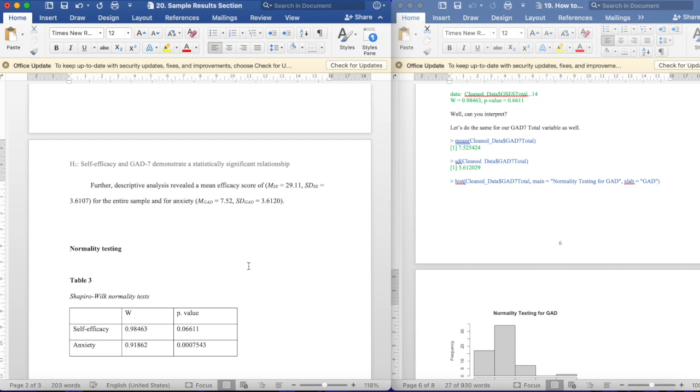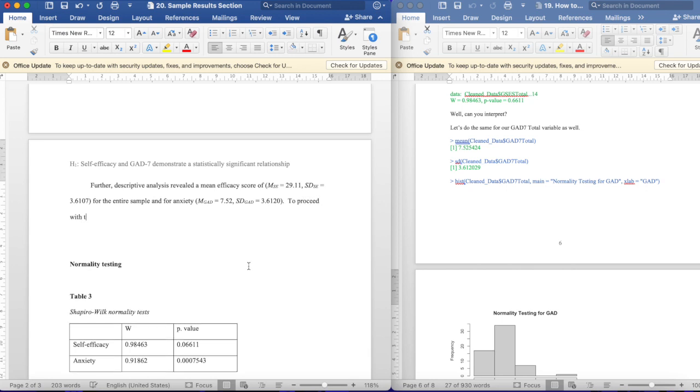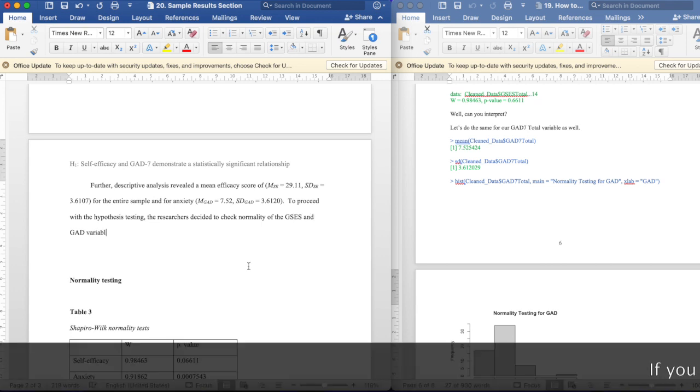Okay, now let's proceed with the hypothesis testing. The researchers decided to check normality of the two variables of the, let's say, GSES and GAD variables.